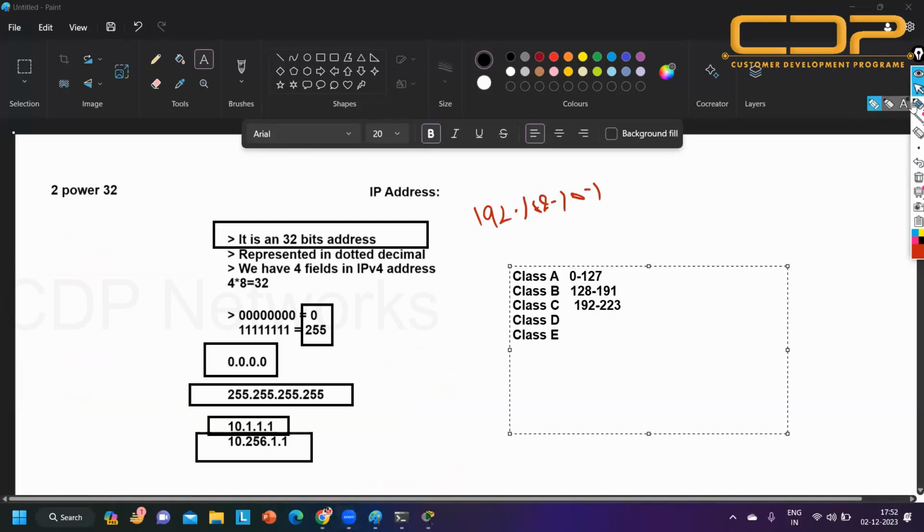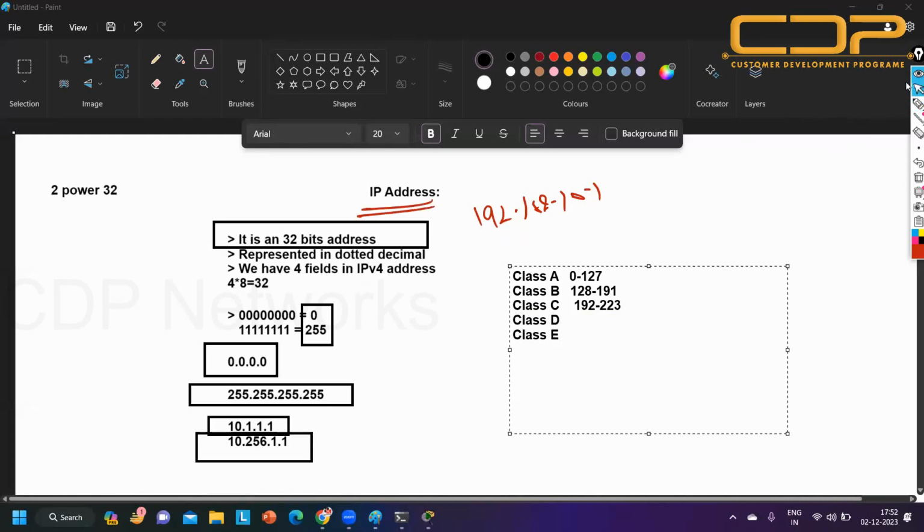Because the value in the first octet is 192, and 192 exists in this range, which means the IP address belongs to class C. So this is the classification of IPv4 addressing.